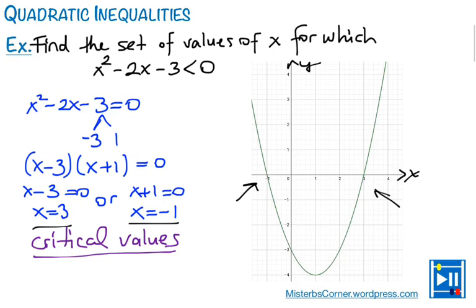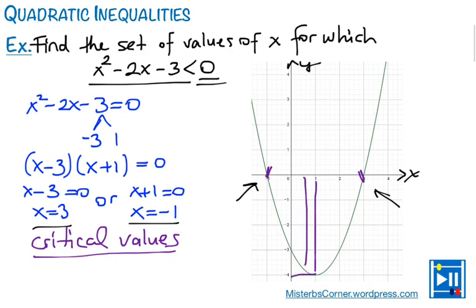So we now are looking for the x values that give me a negative value. When I substitute an x value in the inequality, I should get a negative number for y. This happens only in between the roots, because when I choose 1 for x, the value is negative 4.